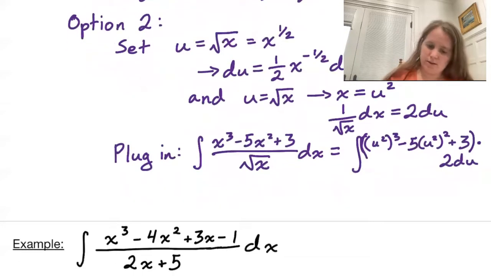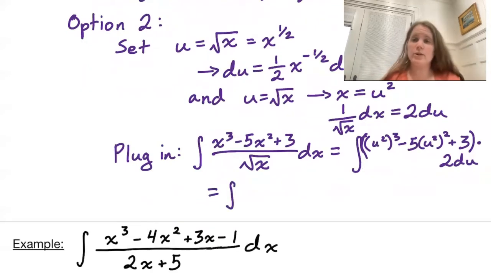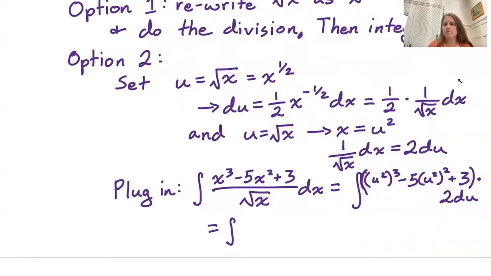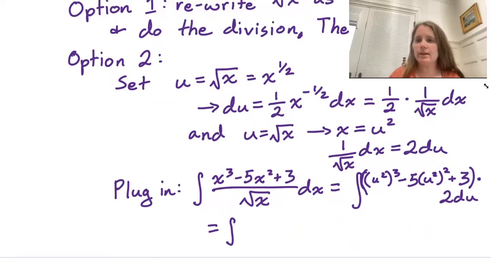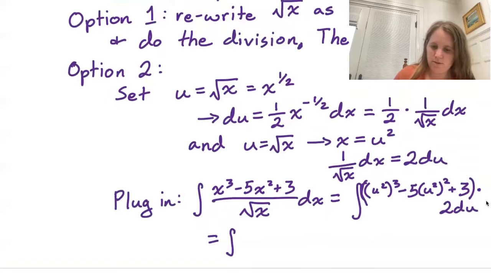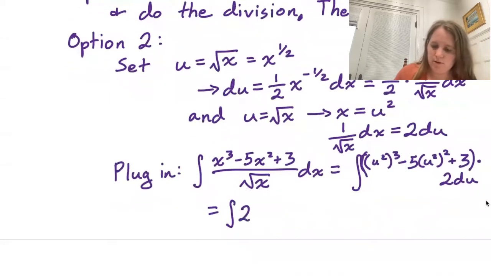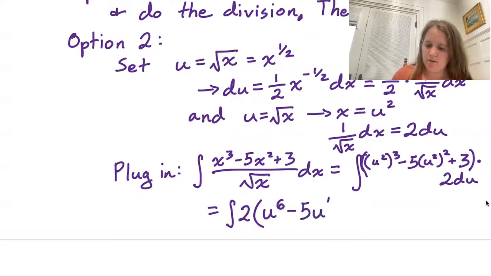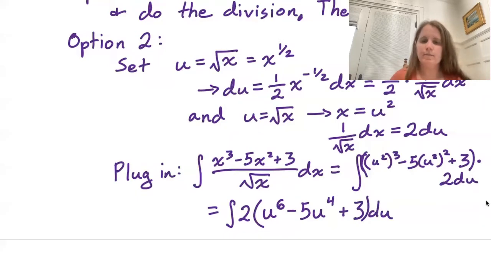Or this becomes the integral of, let me give myself more space. All right, so we are looking at the integral of 2 times u squared cubed becomes u to the 6th. And we have minus 5u to the 4th plus 3. And then that's all multiplied by du.